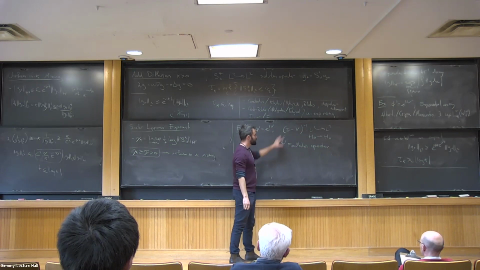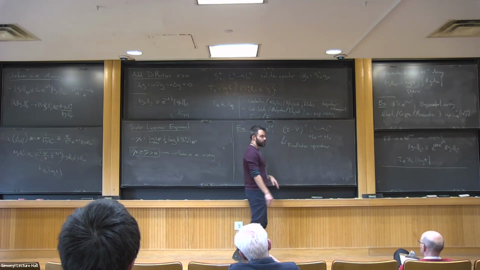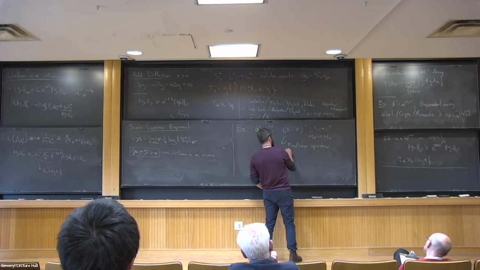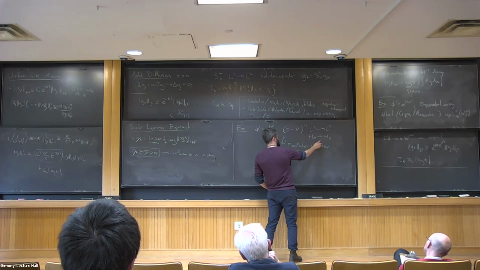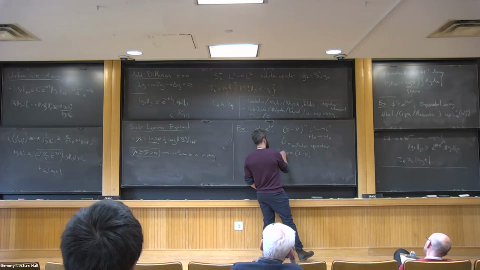And in particular, it has a very clear spectrum that is all on the negative real part. So let's say the spectrum of this resolvent when extended to these spaces has negative real part.